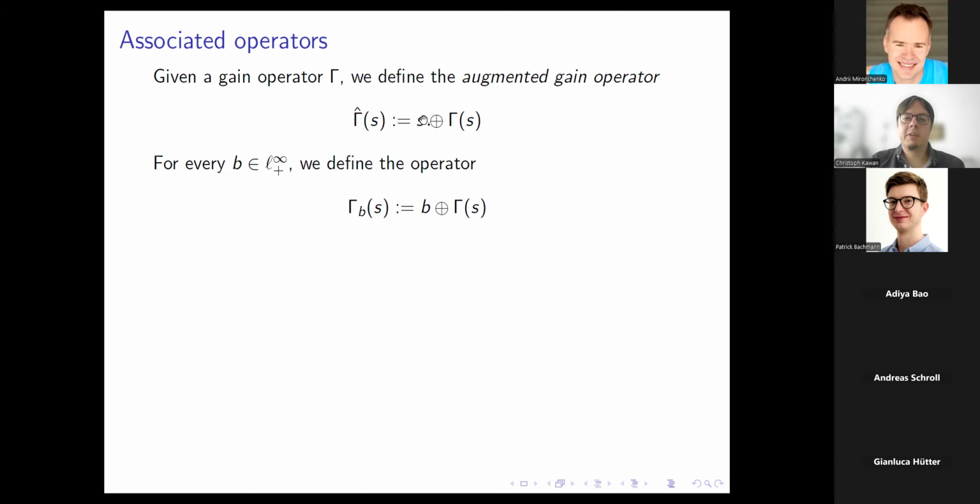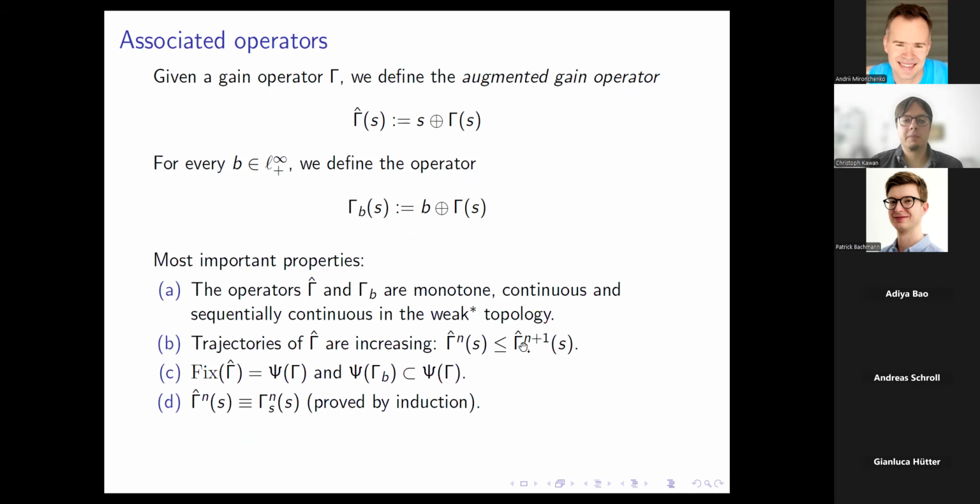This is the component-wise maximum of S and gamma of S. Again, this will be a monotone operator, not hard to see. Then another type of operator, actually a family of operators. For every B in the cone, we define an operator like this. So instead of S here, I'm putting a fixed vector B. So this will be called gamma B, and again, it's a monotone operator.